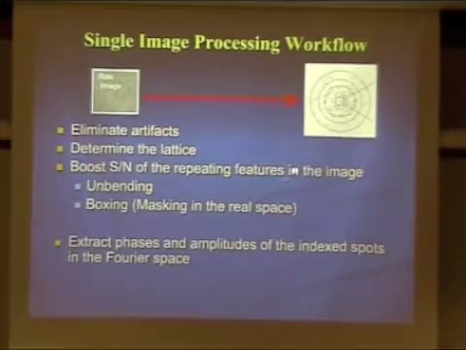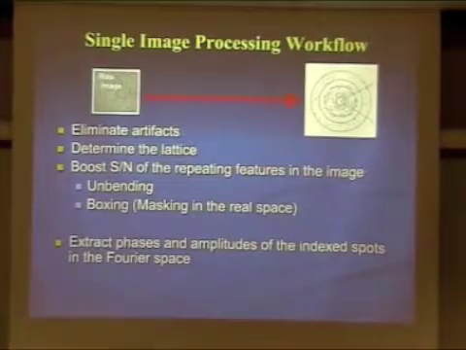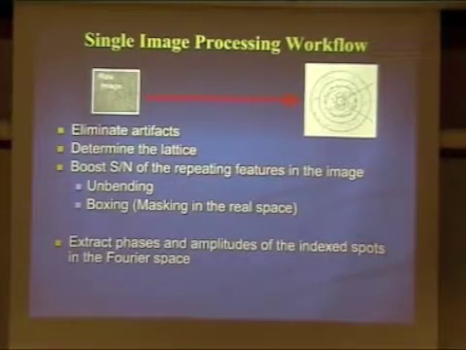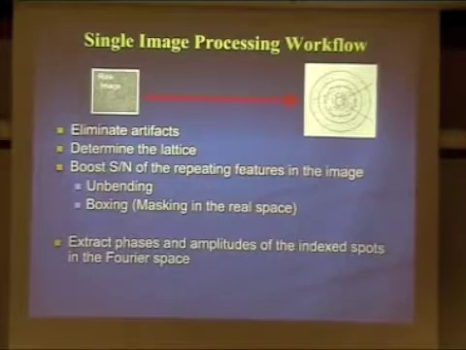Once you've been able to optimize it as much as possible, then at the end, you will try to extract the phase and amplitude information right at the position of those diffraction spots. As Bob explained, since we have a crystal, the information can be all condensed inside those few pixels on your Fourier transform.